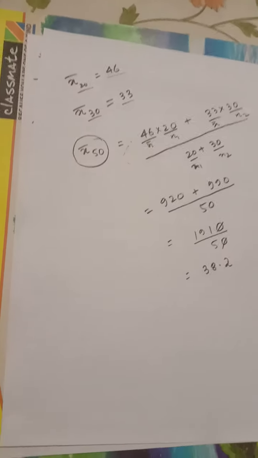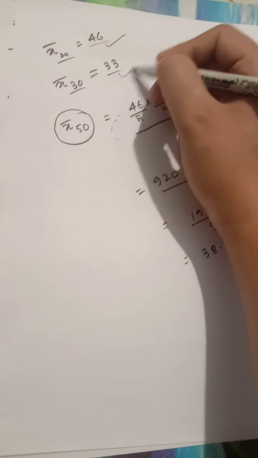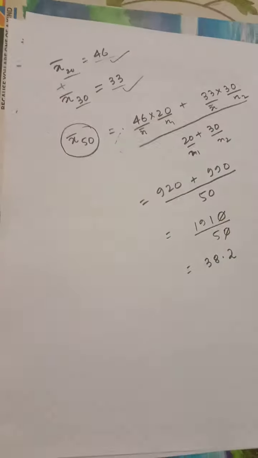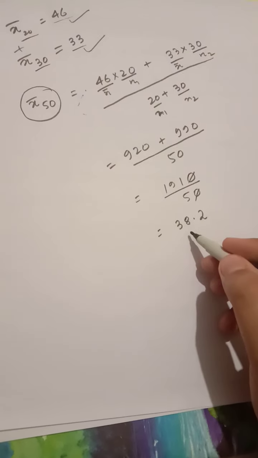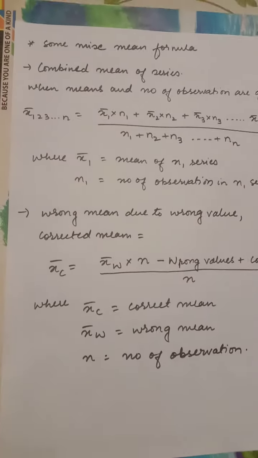One mean has a value of 46 and one mean has a value of 33. We have to find the combined mean. So the combined mean is 38.2. Clear?